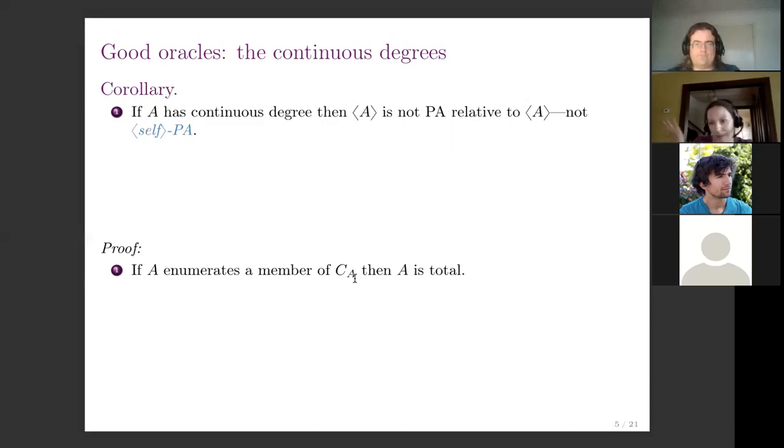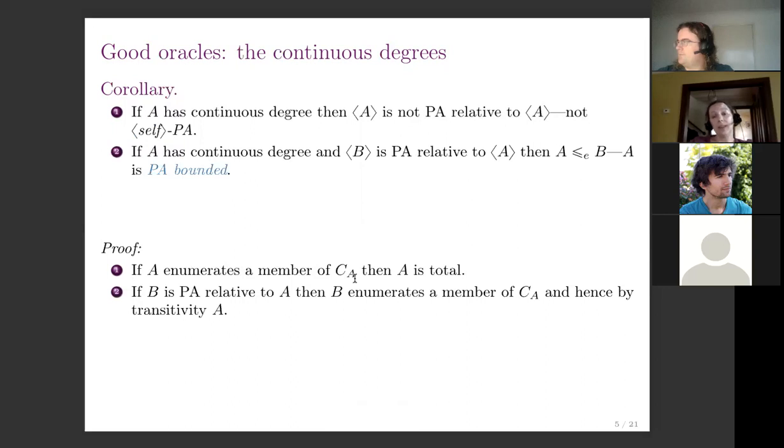But that can't happen for total oracles. In the Turing situation, you can't have a set that computes a member of every Π01 class relative to itself, just because you can relativize the construction of a tree with no computable path. So there you go.